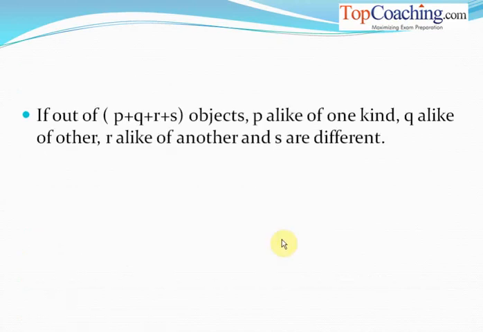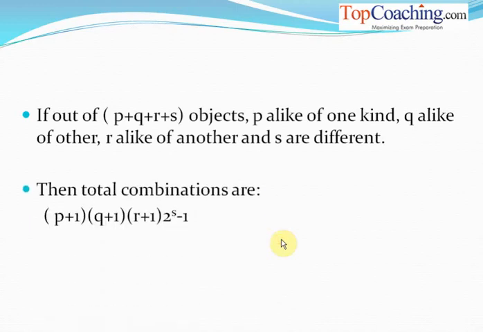Now let us say that we have P plus Q plus R plus S objects, in which P are alike of one kind, Q are alike of another, R are alike of another, and S are different. So in this case the total number of combinations is equal to (P plus 1) into (Q plus 1) into (R plus 1) into (2 to the power S minus 1).